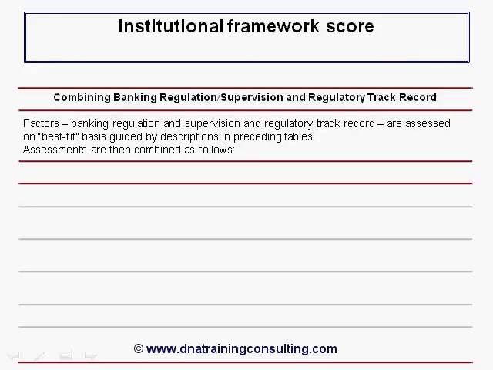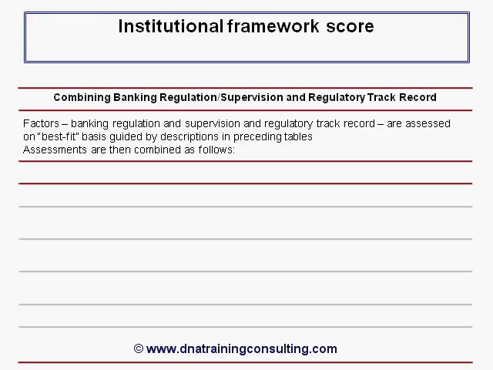The two subfactors we have discussed already, banking regulation and supervision and regulatory track record, are assessed on a best fit basis according to the descriptions in the three preceding tables. These assessments are then combined as shown in the table appearing now.